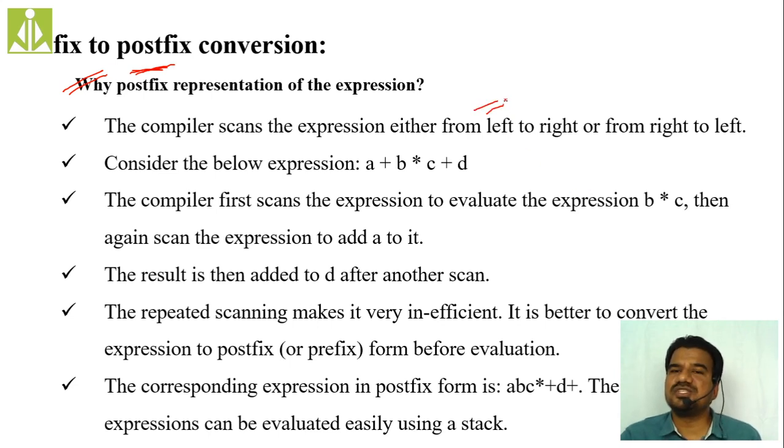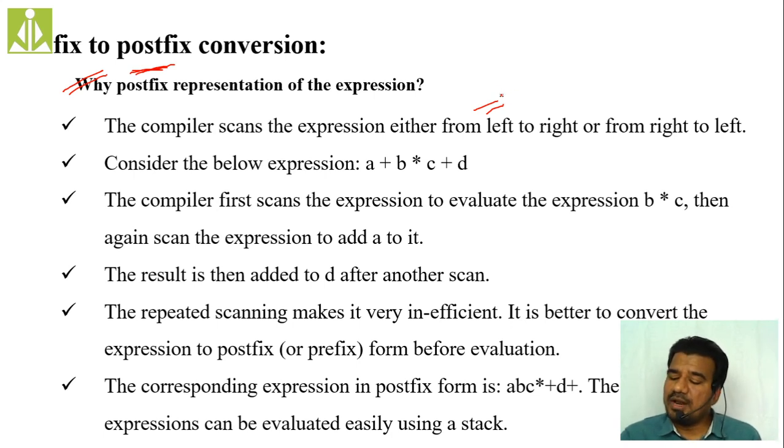Like human beings, it does not have the intellectual power to directly go to that expression and perform the operation. It does not have that kind of intellectual power or visual power. Because of that, whatever expression you give to the compiler or the computer, it will simply start scanning that expression.